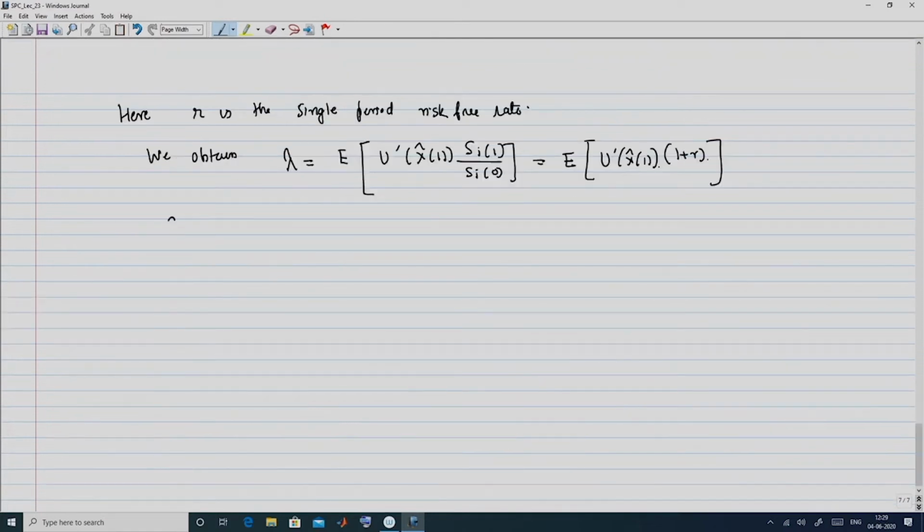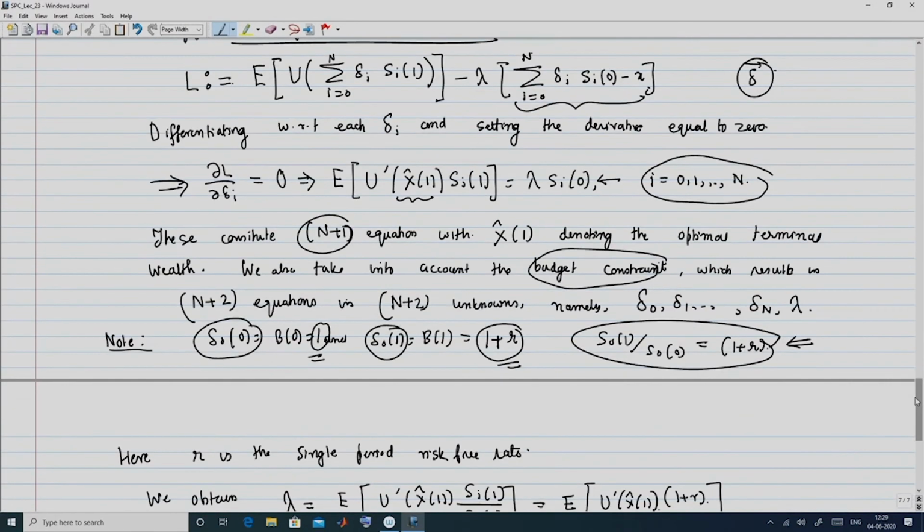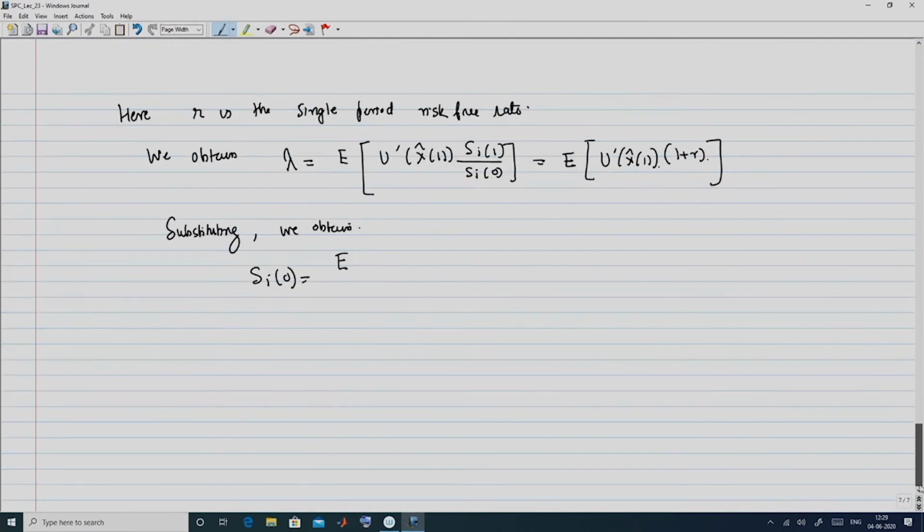So, now that we have obtained lambda, we can then obtain by substitution that Si of 0 is going to be E. So, we substitute the value of lambda again in this expression and get the lambda in the denominator here to obtain Si of 0.